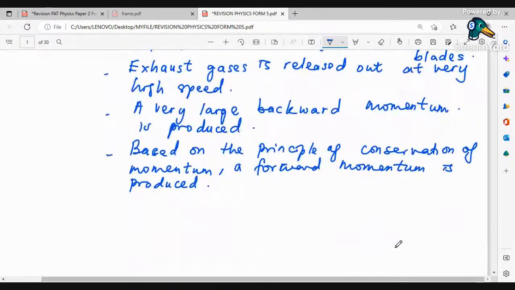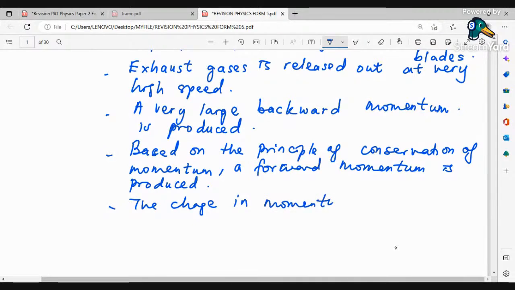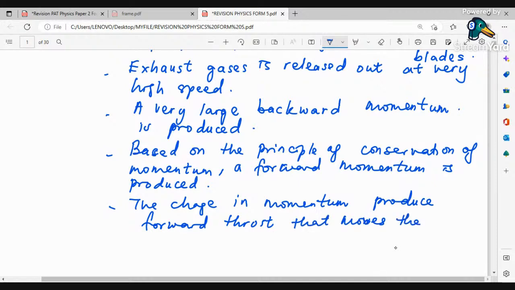Okay. The change in momentum produce forward thrust that move the jet. Okay, the engine jet.